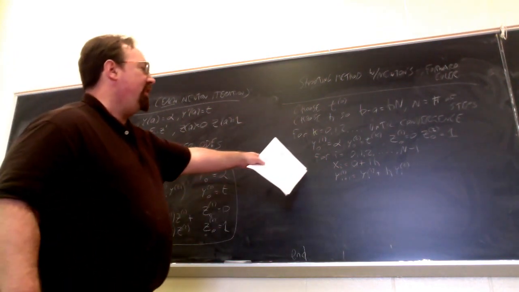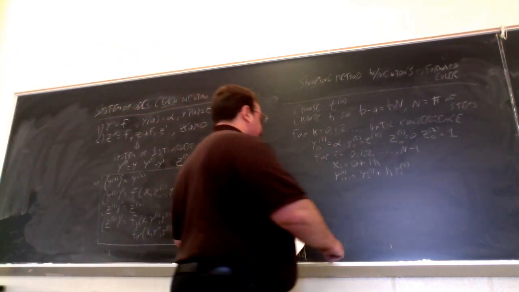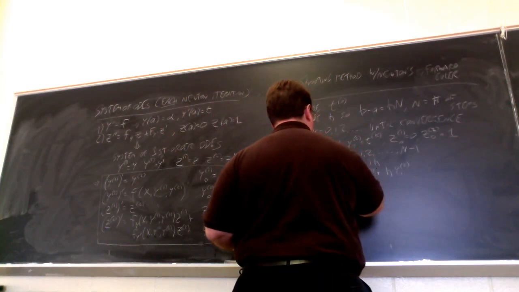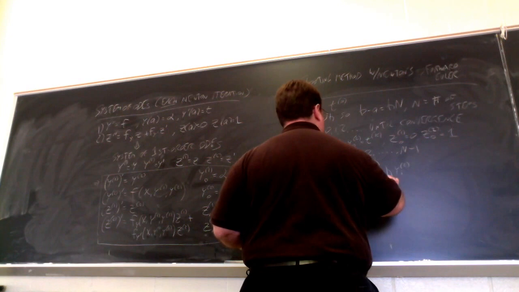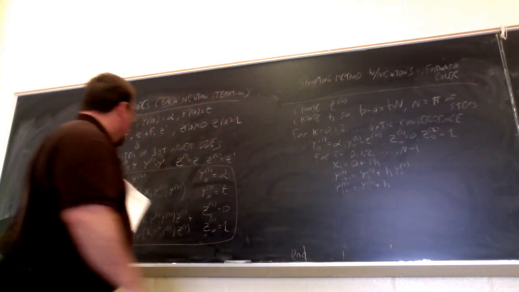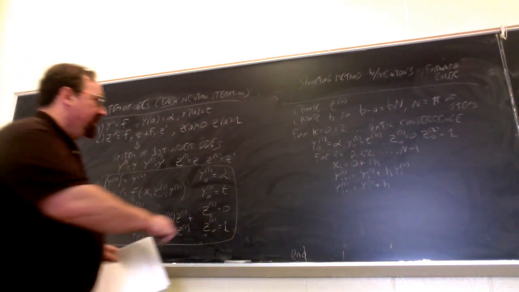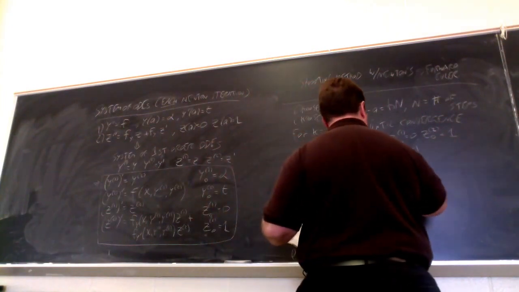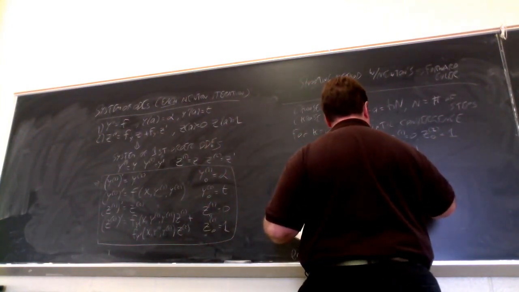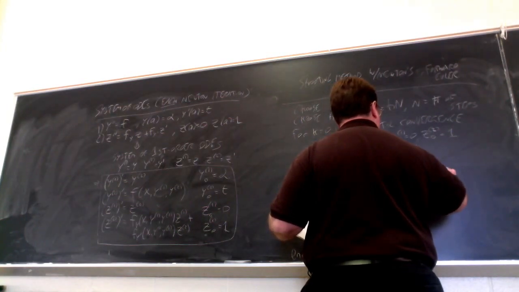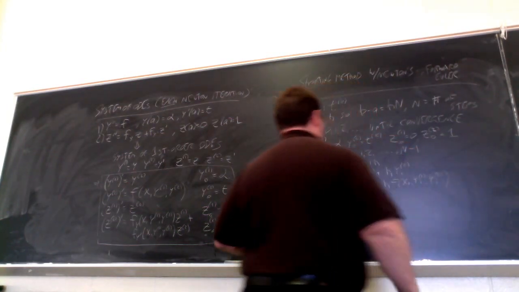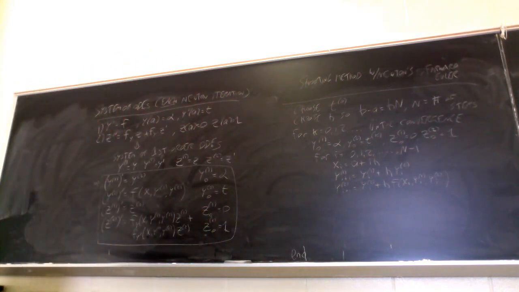All right, this is just straight Euler's method. y2 i plus 1 is y2 i plus h, and now I need this time derivative. So that would be f of xi, y1i, y2i.